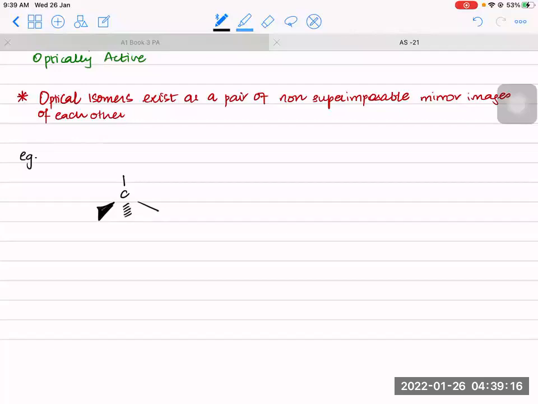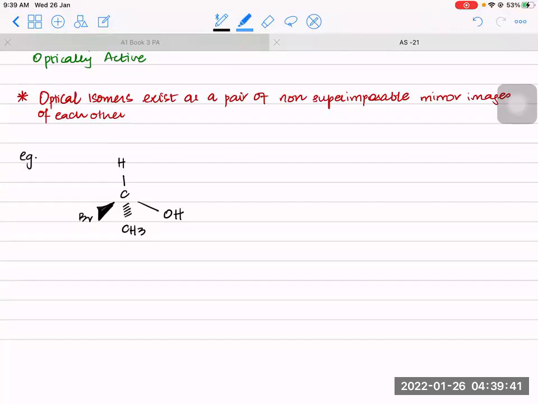So the shape will be tetrahedral. Bond angle 109.5. Very often when they ask you to make the optical isomers, they tell you to show it in the conventional 3-dimensional way. So you got to show it like this. Now, let's put an H here, a Br here, a CH3 here, and an OH here.